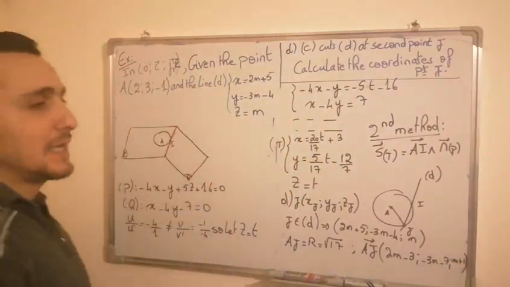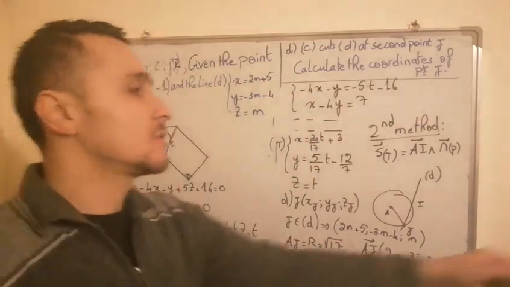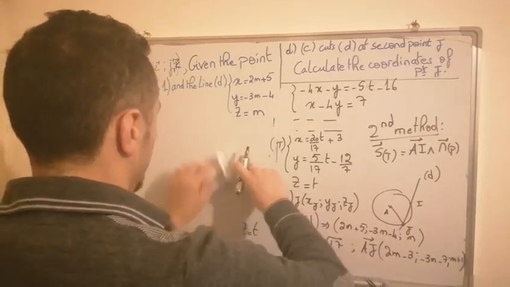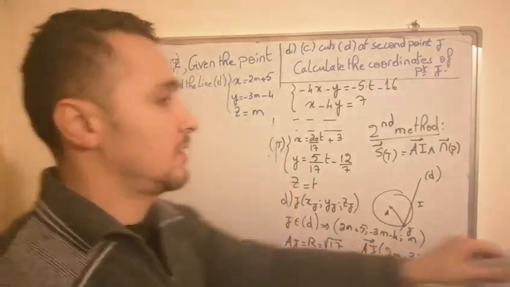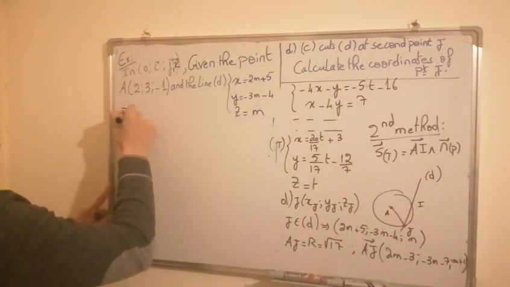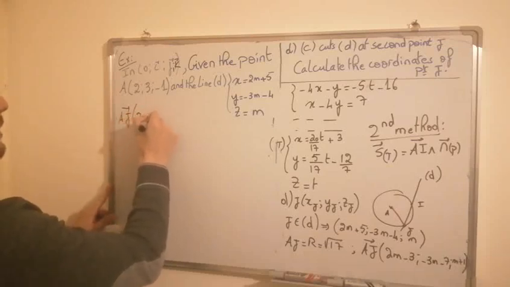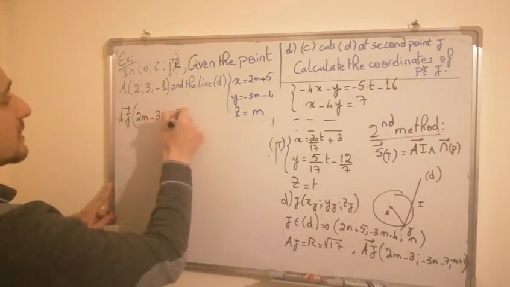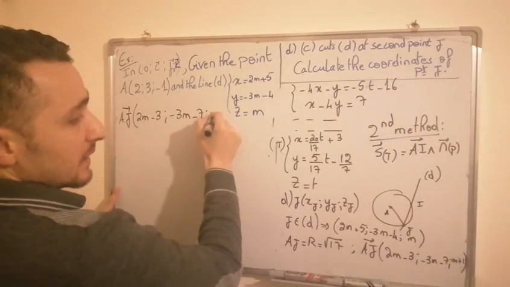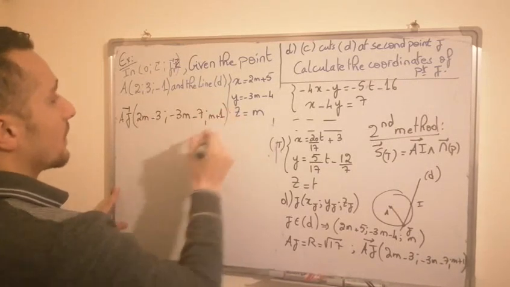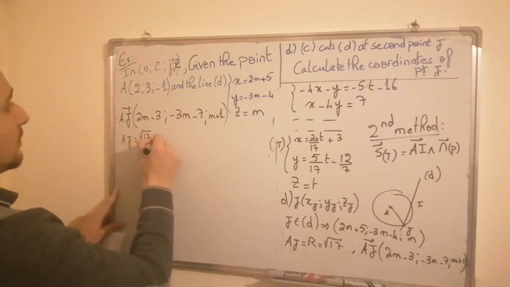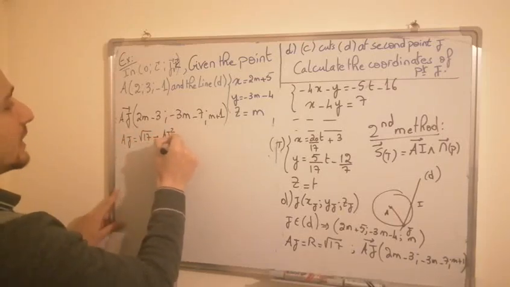We will write them above for the coordinates of AJ so the picture is clear to everyone. Okay guys, the coordinates of the vector AJ are 2m minus 3, minus 3m minus 7 and finally m plus 1. We have AJ equals radical 17, which implies AJ squared equals 17.